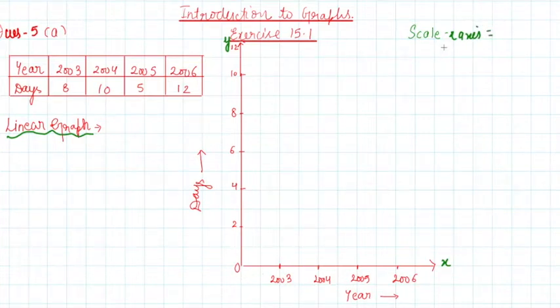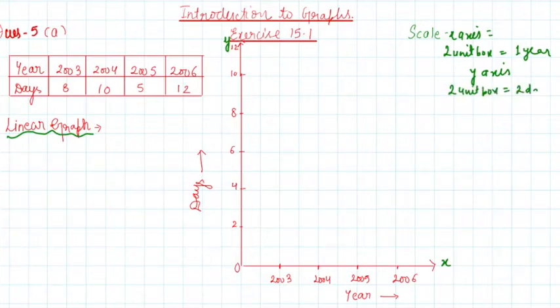So 2 unit boxes is equal to 1 year, right? And for the y-axis, 2 unit boxes represent 2 days, or you can write it as 1 unit box is equal to 1 day. That is also correct.